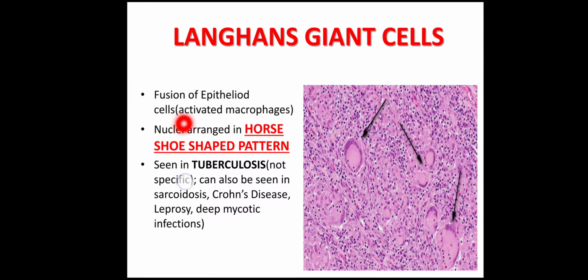They can also be seen in conditions like sarcoidosis, Crohn's disease, leprosy, especially the tuberculoid and borderline tuberculoid, and the deep fungal infections. So these are the causes of the presence of Langerhans giant cell, and they are commonly seen in the chronic inflammatory states. Again, this is the horseshoe appearance seen in the nuclei of the Langerhans giant cell.